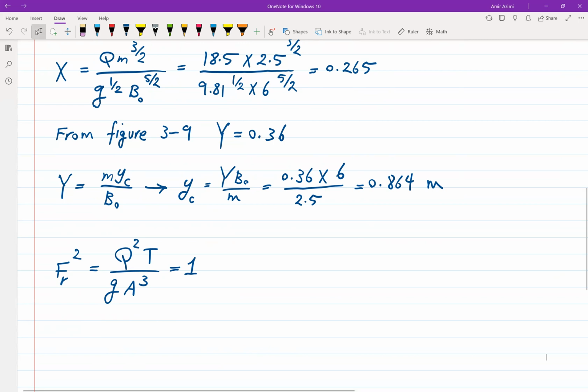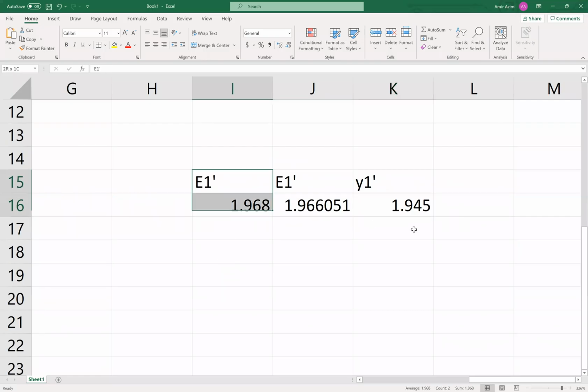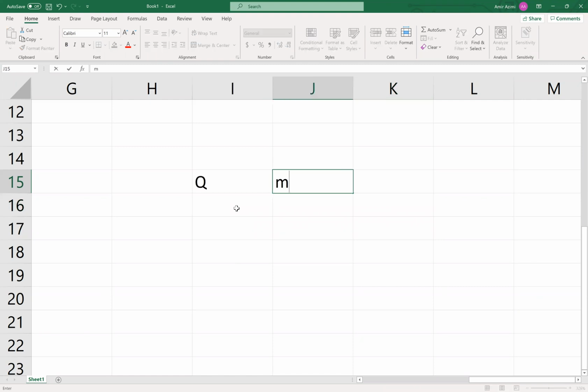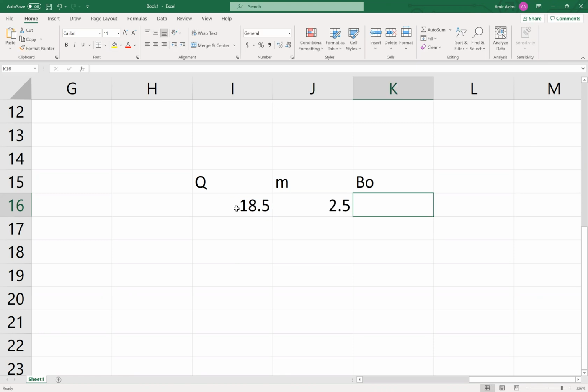In this case, I'm going to use Excel. So here I have Q, M, B0. Q is 18.5, M is 2.5, and B0 is 6. So I need to develop the Froude square. And here is YC.